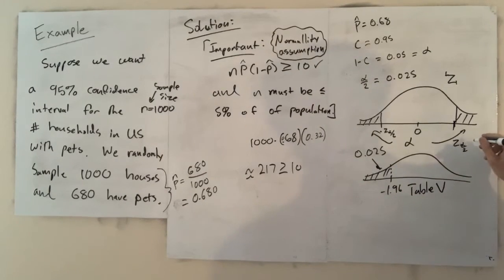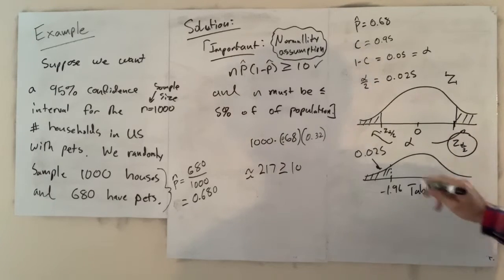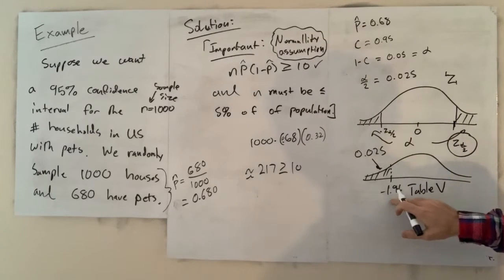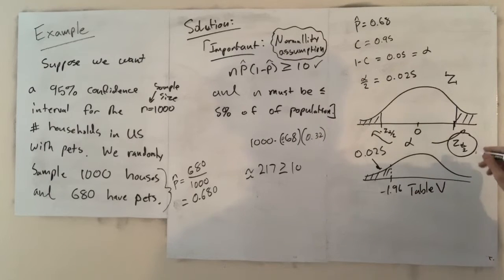And so if I want this value here, that's going to be the negative of negative 1.96. So this z value is going to be 1.96.